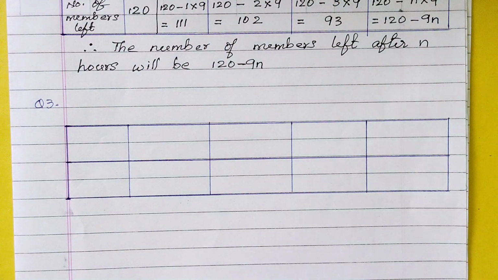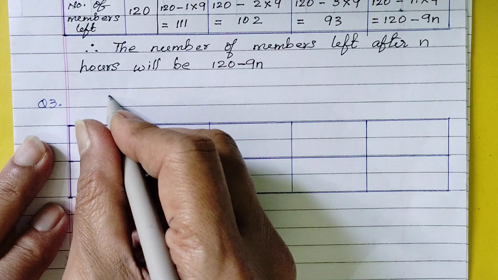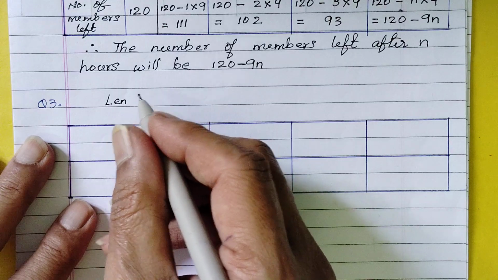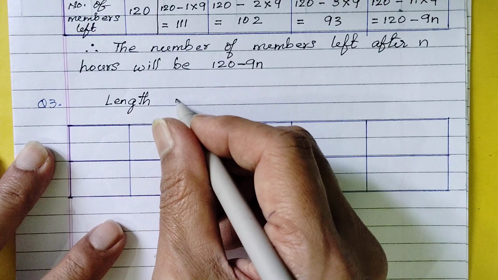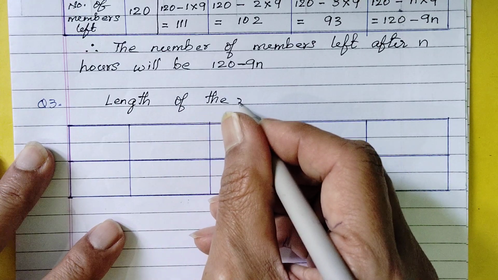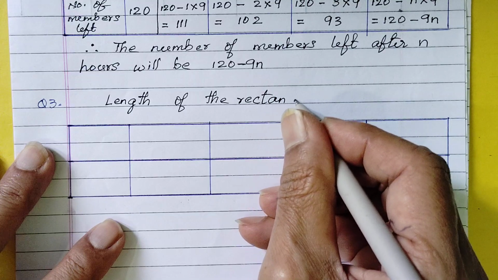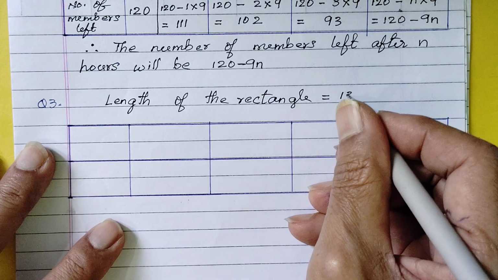So here the length of the rectangle is 13 centimeters.